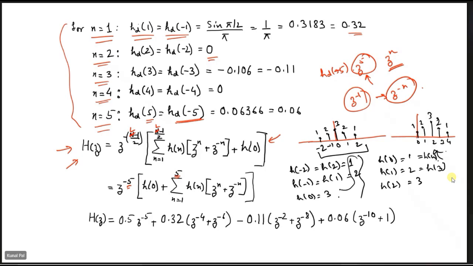If you see, the values remain the same, but we have just shifted these hd(n) values so that we can realize the filter. Now you would say, sir, in the first place, why do we calculate this way and not calculate over here?